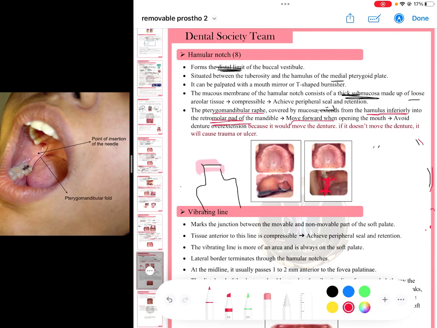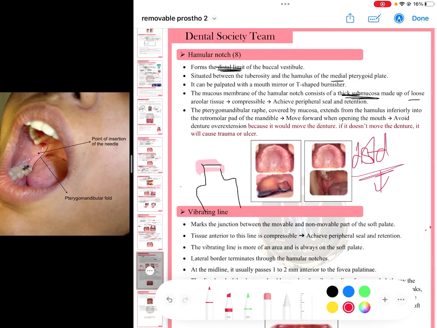If I extend the denture too far posteriorly, it will hit this pterygomandibular raphe. So I have to know where to extend my denture. As I said, the distal limit is the hamular notch.